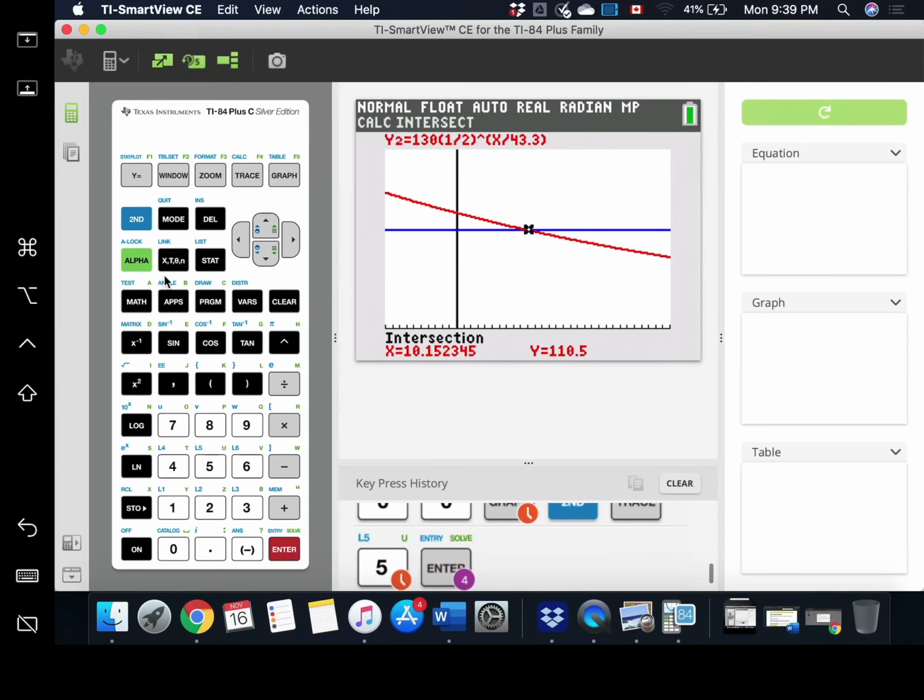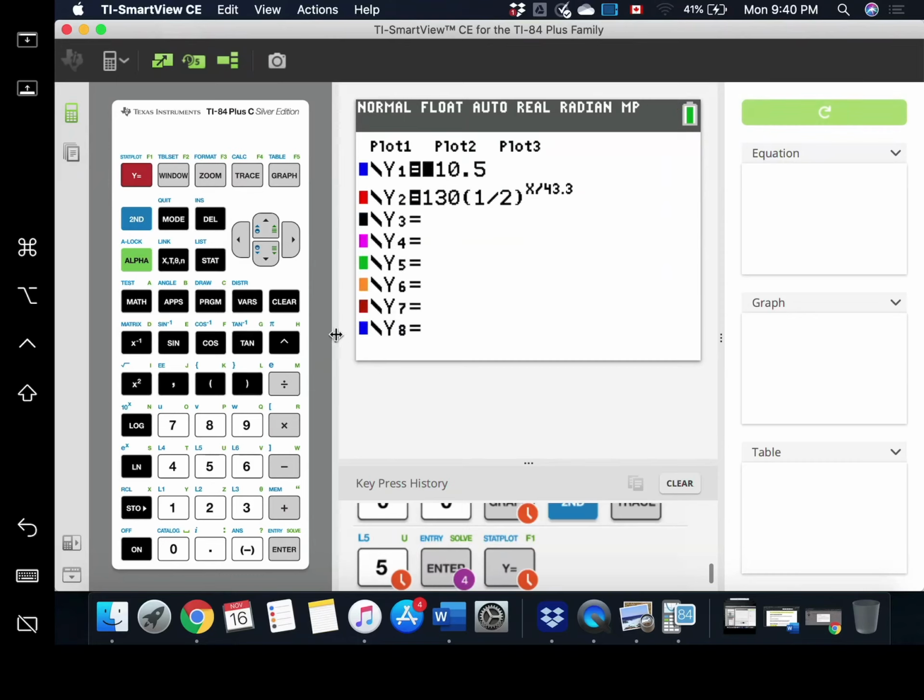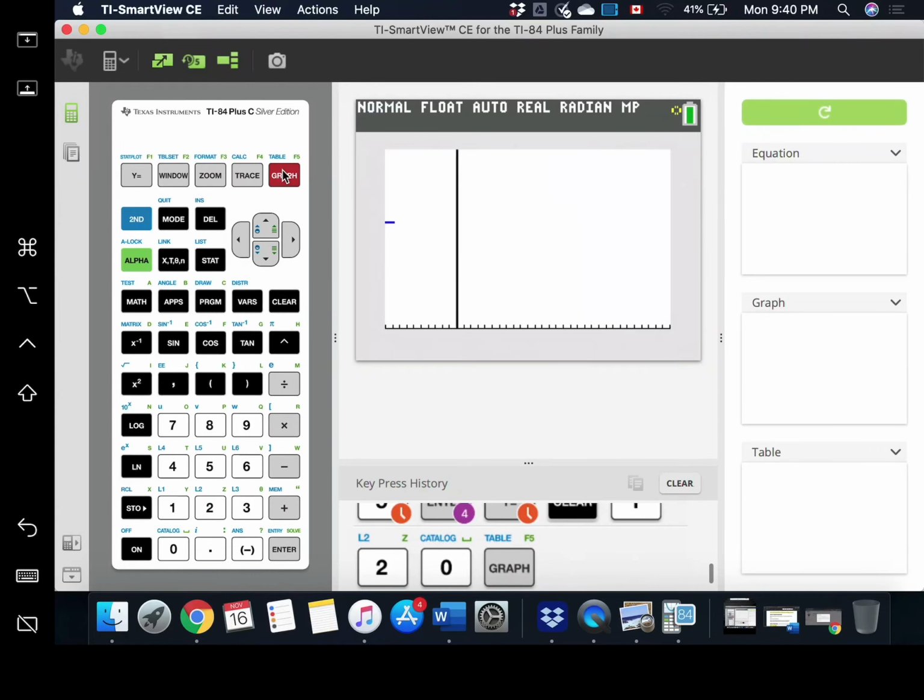The only thing we have to change is our y1. Okay, so go to your y equals button. Instead of 110.5, put 120. Okay, so set y1 to 120 and graph it because the window is the same as our previous question.